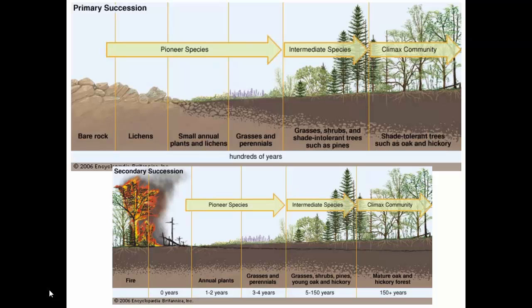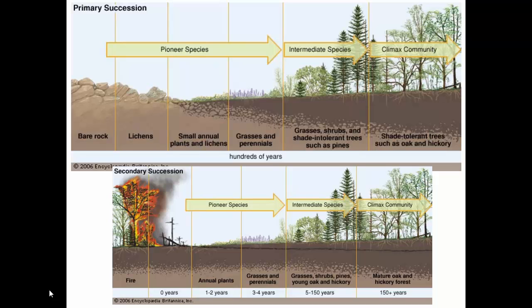And then as this lichen and then eventually the mosses die and decompose, they start to build up a very, very thin layer of soil. And then slightly larger plants can take hold. And then as they die, this layer of soil builds up even thicker. And over time, the soil becomes thicker, and eventually larger and larger organisms can grow. But that's called primary succession, from bare rock to an ecosystem.